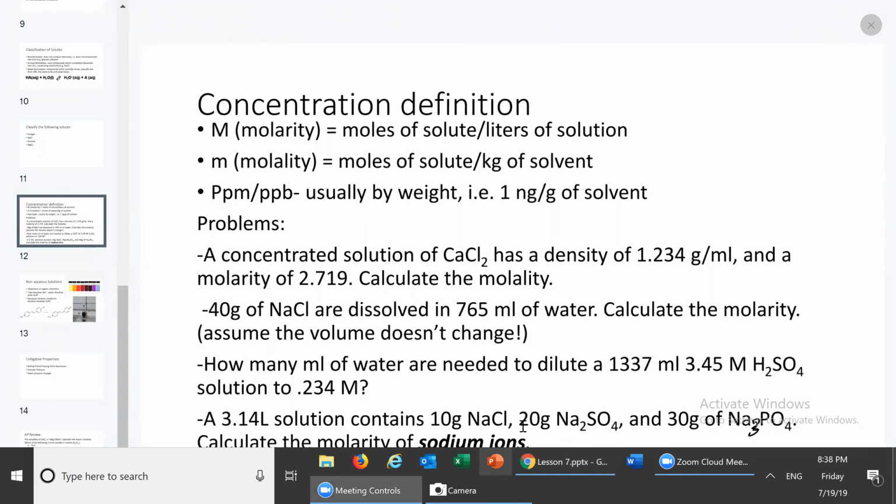What are the molar masses of all of these compounds? So what's the molar mass of sodium chloride? Okay, 58.45, great. What about sodium sulfate?